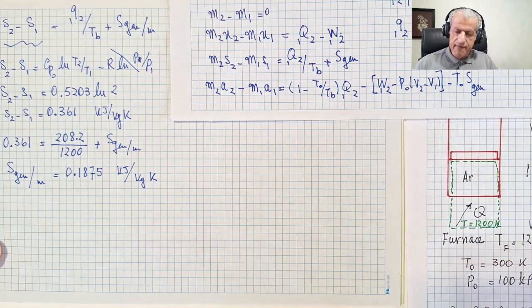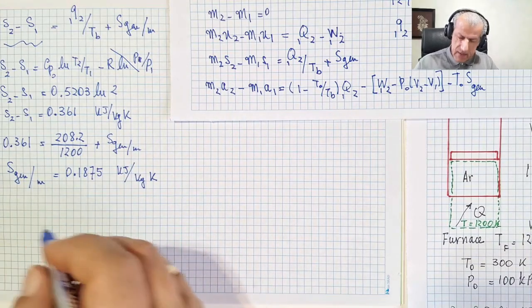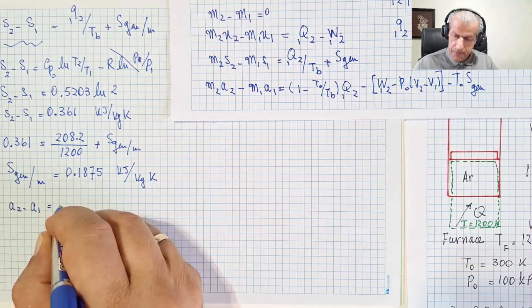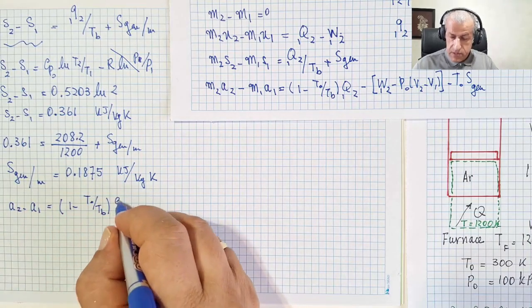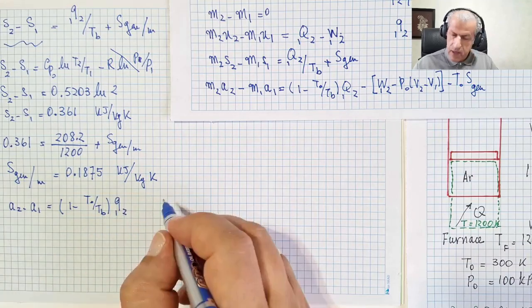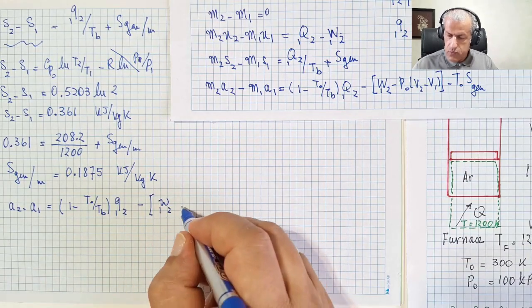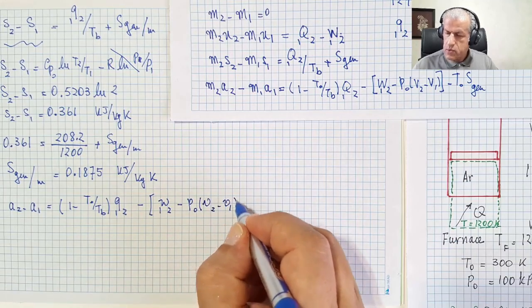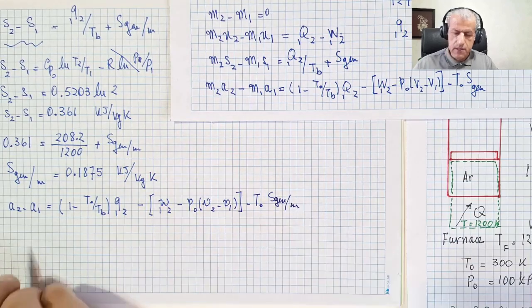Finally, we move to the availability equation, which is this equation, and per unit mass, it would be A2 minus A1 equals 1 minus T0 over TB times Q1,2 minus, per unit mass, W12 minus P0 times V2 minus V1 minus T0 S gen per unit mass.